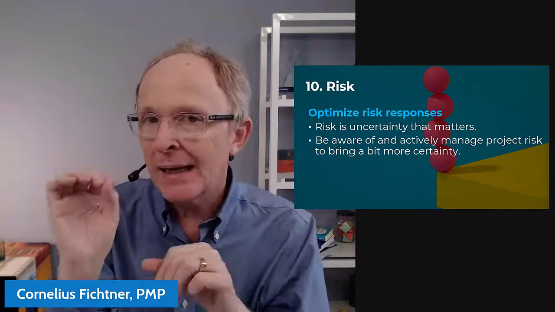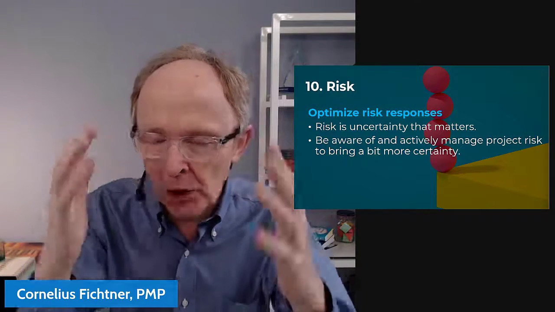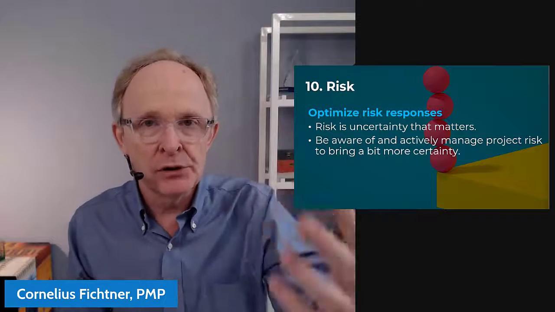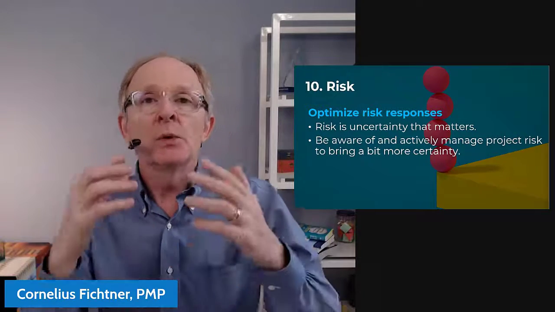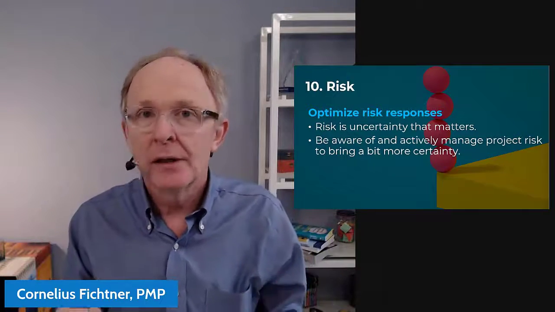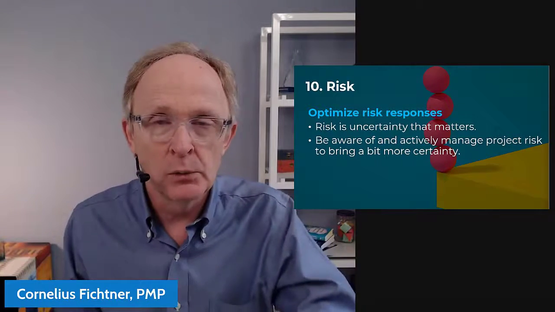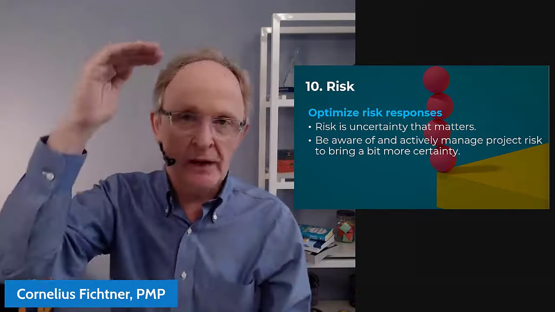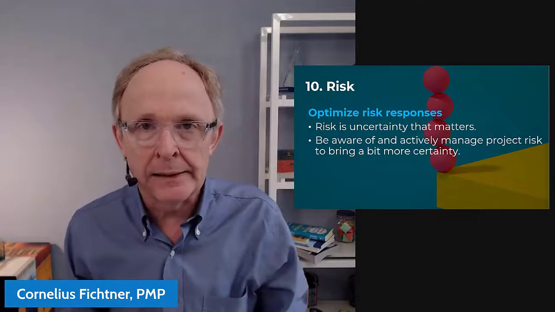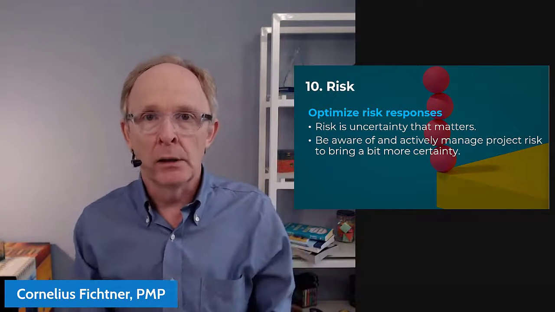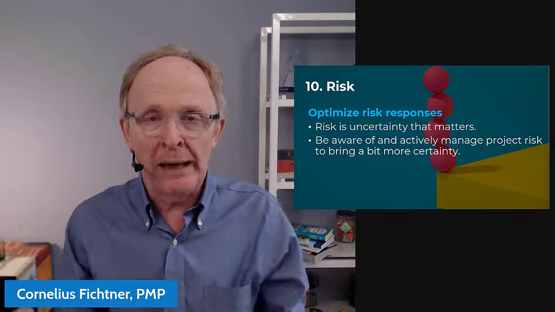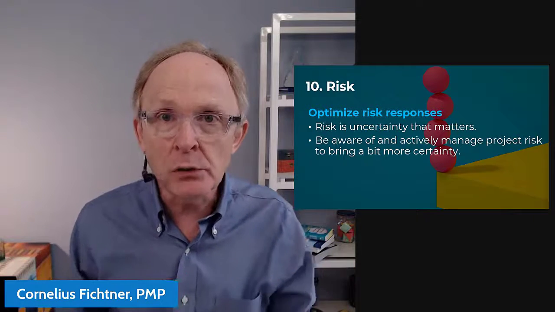And by following these particular principles, you, I, and also PMI, we acknowledge that the most important thing about risk management is the risk response. What do we do about it? The fact that we have 25 risks neatly ordered by risk, probability, and impact, well, that's nice, but what are you going to do about it?